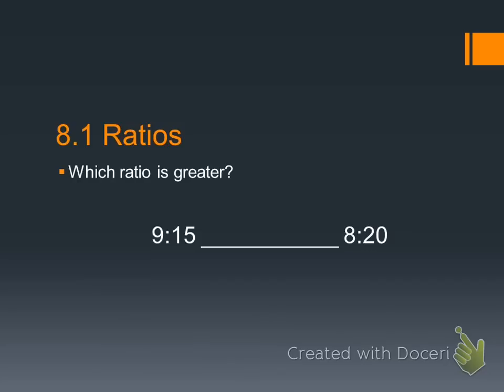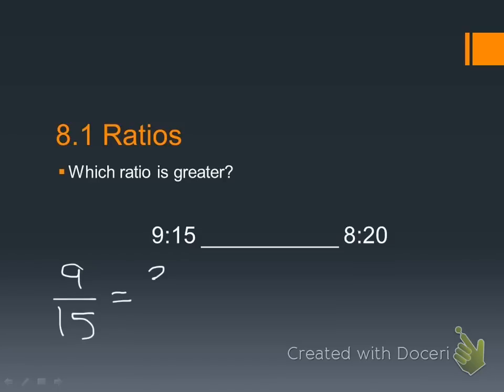Alright, now in 8.1 we also talked about how to determine which ratio is bigger or smaller. Okay, so write them as a fraction, and then you'll want to use your calculator to change them to a decimal, since it's not going to have a common denominator.